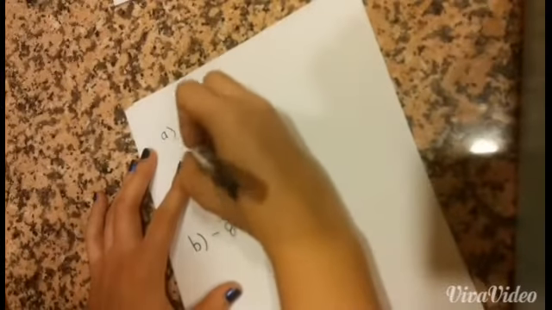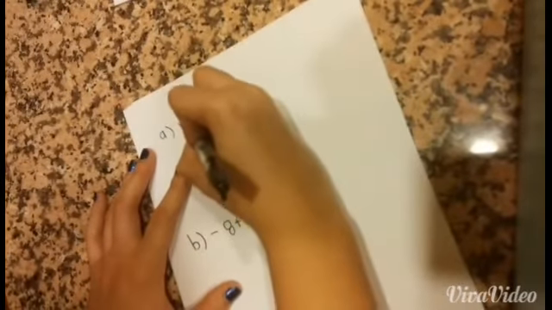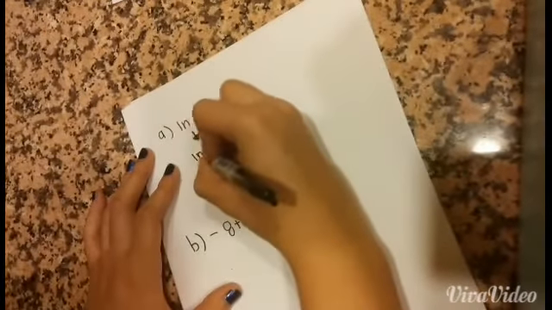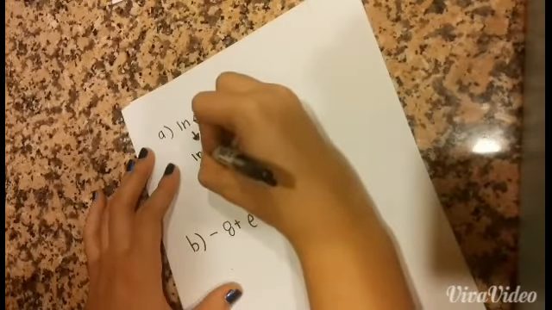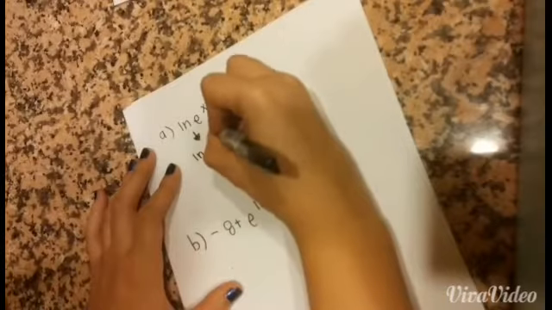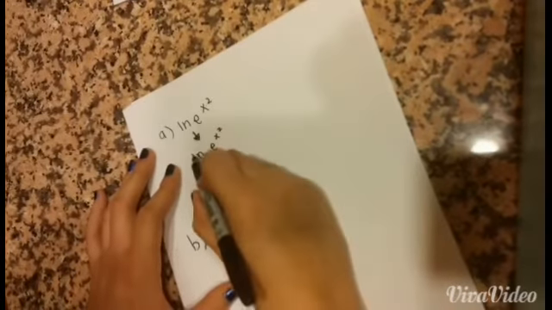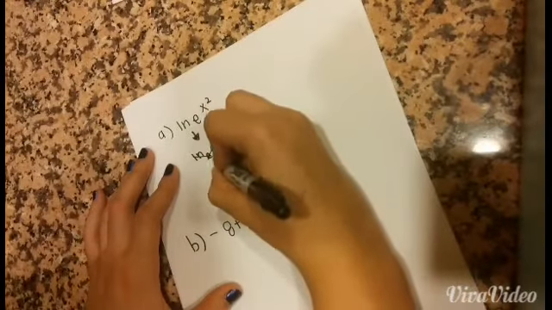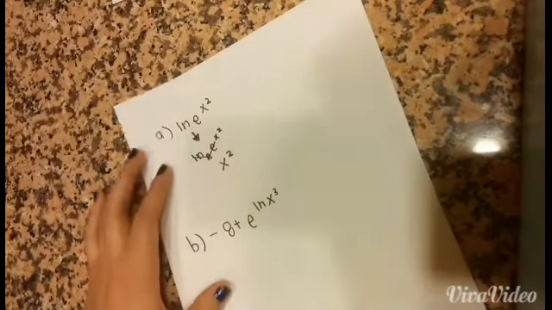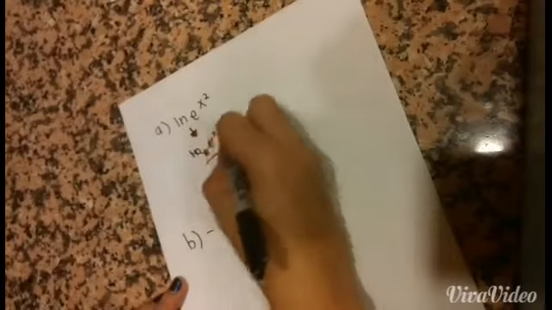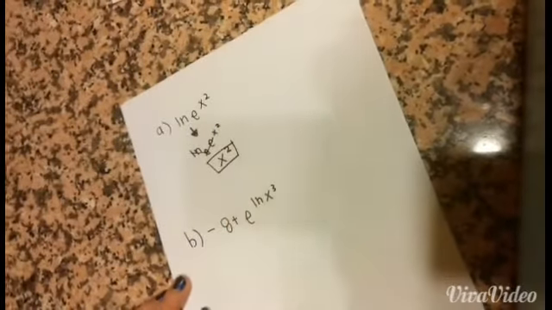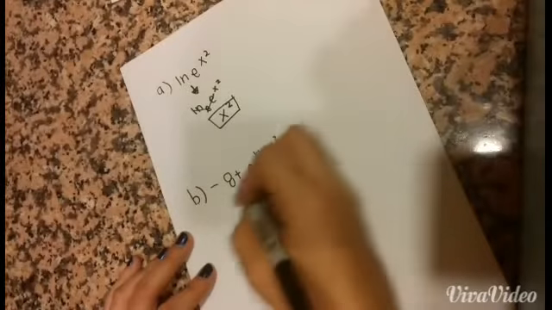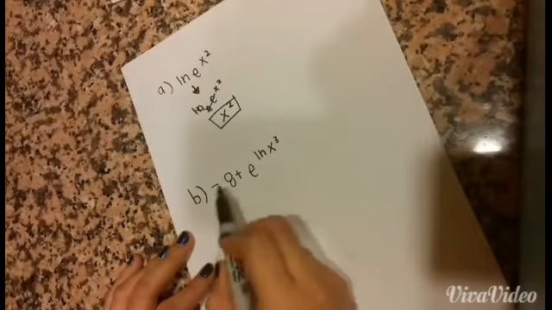So this converts to ln base e of x squared, and these 2 cancel out, so you're left with x squared. It's your final solution. Really easy.